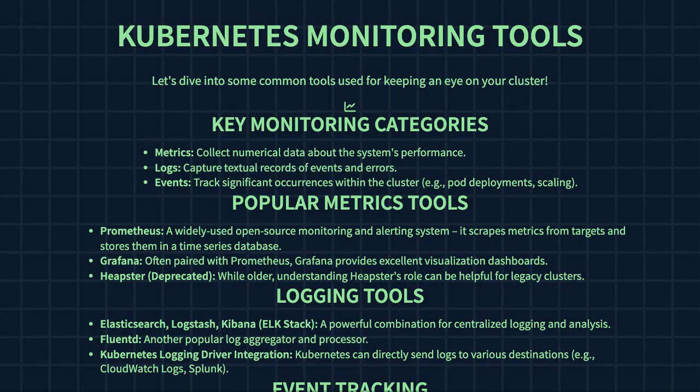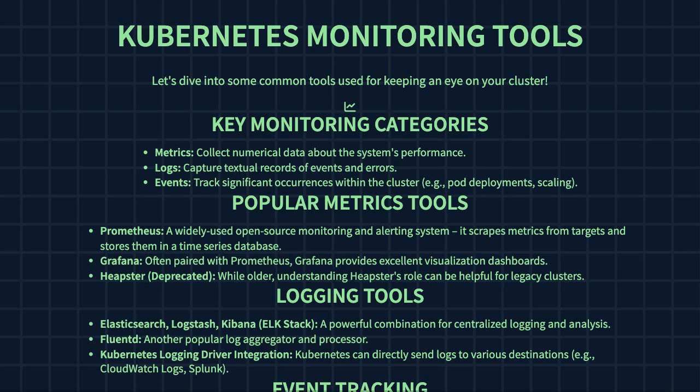Okay, let's talk about how we keep tabs on our Kubernetes clusters. We generally look at three main areas: metrics, logs, and events. Metrics are just numbers, things like CPU usage, memory consumption, and network traffic. Tools like Prometheus and Grafana are super common for collecting those metrics and visualizing them in dashboards.